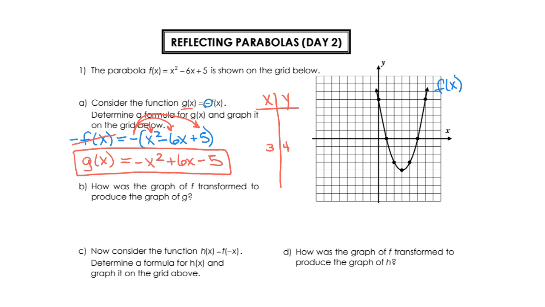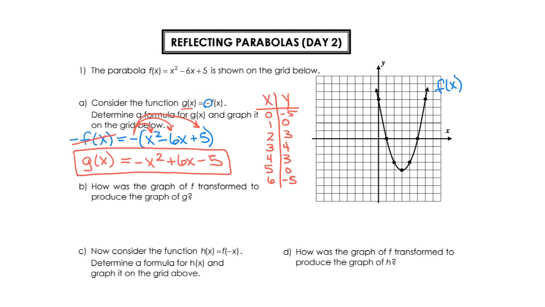So I'm going to put it in the middle of my table, and then I'm going to go 3 points below it: 4, 3, 5, 0, and 6, negative 5. And then I'm going to go 3 above it: 2, 3, 1, 0, and 0, negative 5.